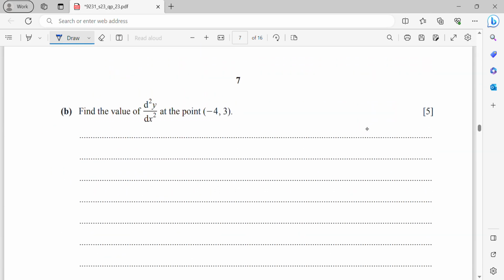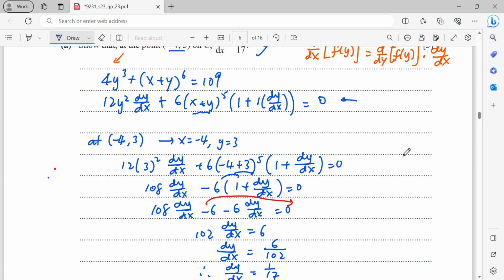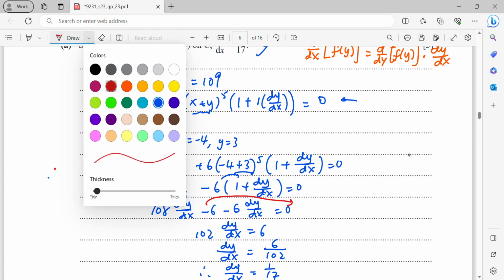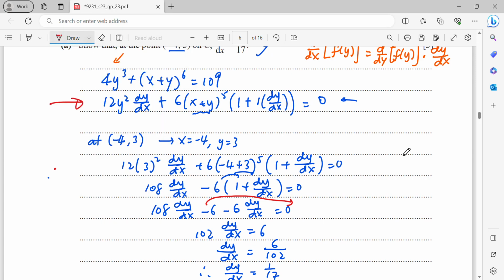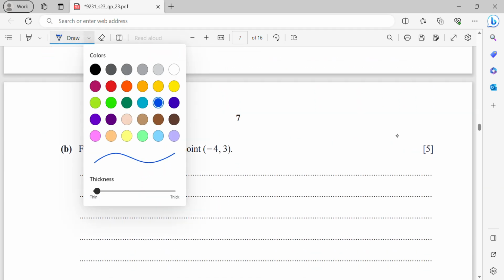Now for B, find the value of the second derivative at the point (-4, 3). So now I have to copy my this. Okay, 12y^2 dy/dx, because I didn't get the expression for dy/dx just now.